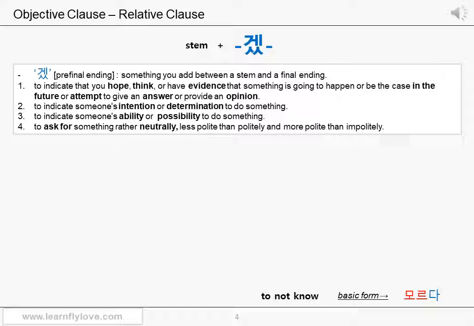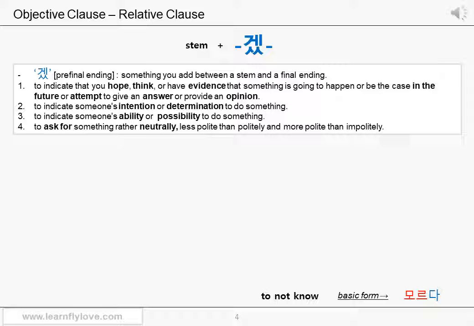If you use this pre-final ending ket sound when you ask someone for something, it would sound neutral or modest. Well, a little bit polite, but it wouldn't sound very polite. Do you understand the nuance? But it's not impolite at all. In order to sound more polite, you should add more elements though. But you haven't reached that level yet.